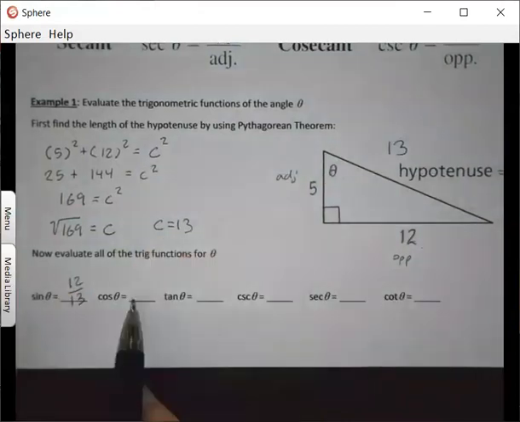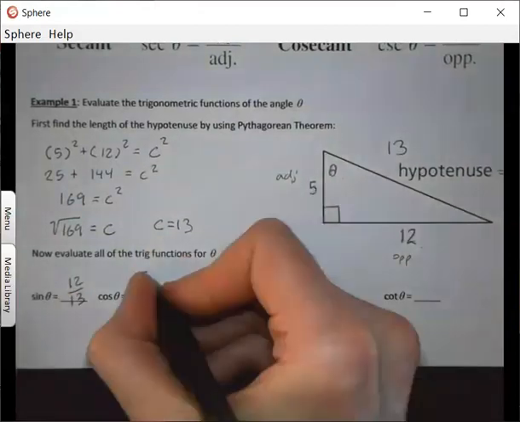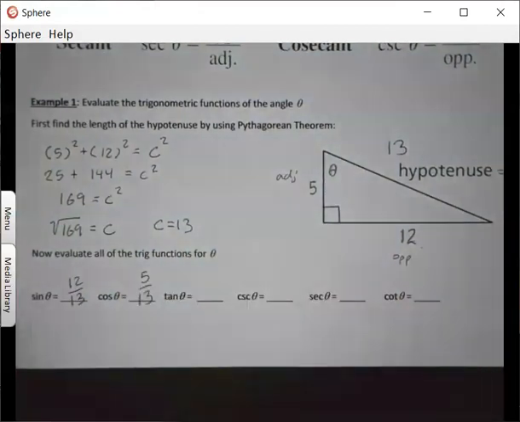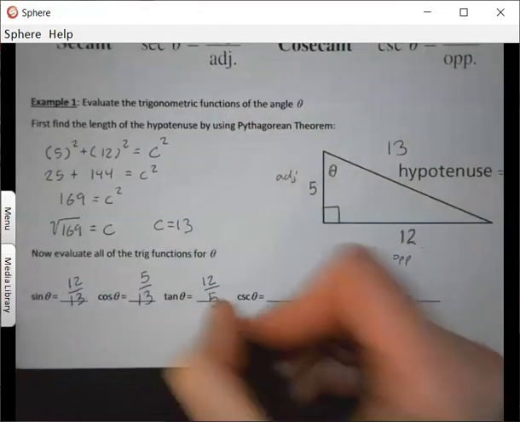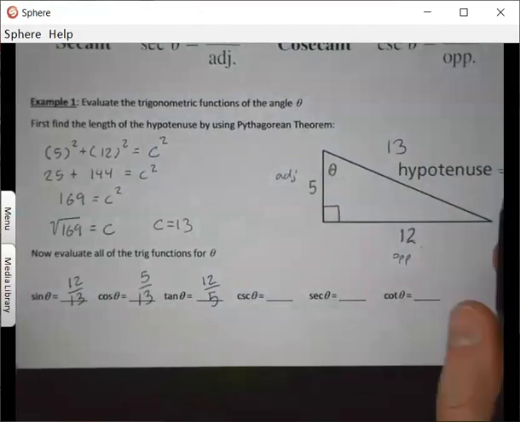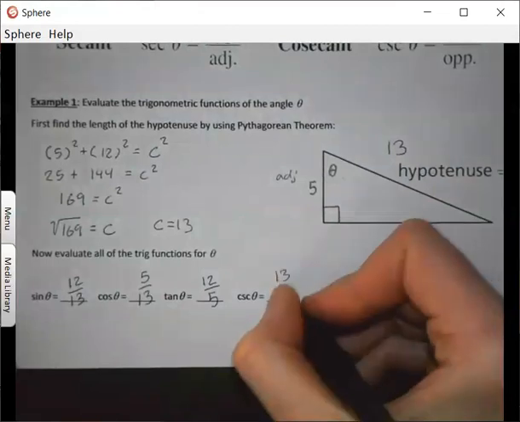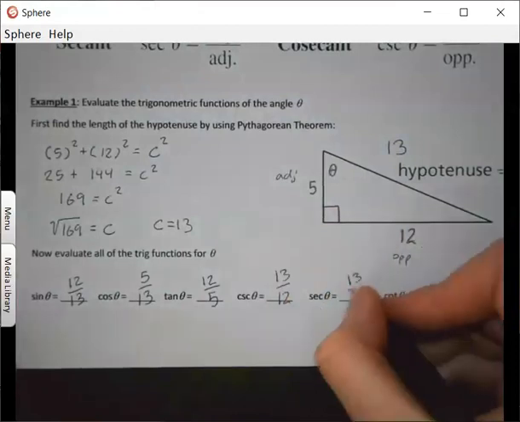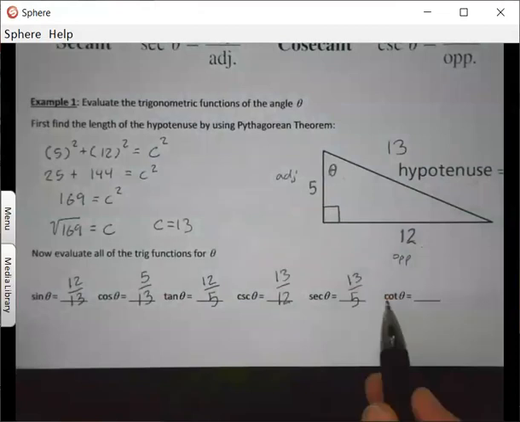Cosine is adjacent over hypotenuse. Tangent is opposite over adjacent. Cosecant, hypotenuse over opposite, secant, hypotenuse over adjacent, and cotangent, adjacent over opposite.